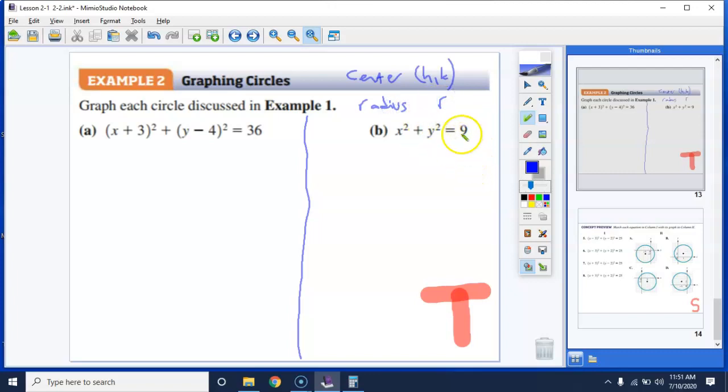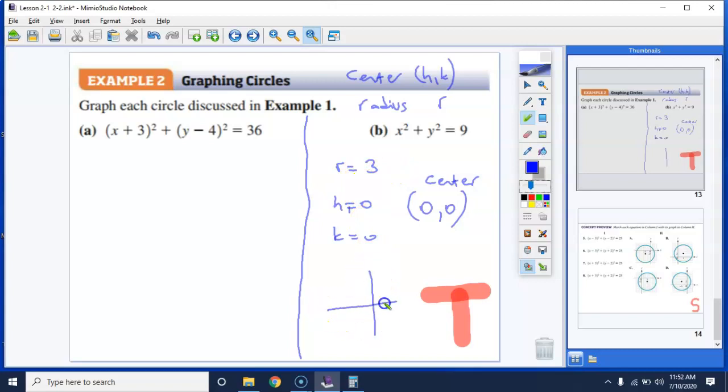We can see clearly that r squared is 9 here, so which number squared is 9? r should be 3. As you see nothing here, h should be 0 and k should be 0, which means my center is (0, 0) and my radius is 3.